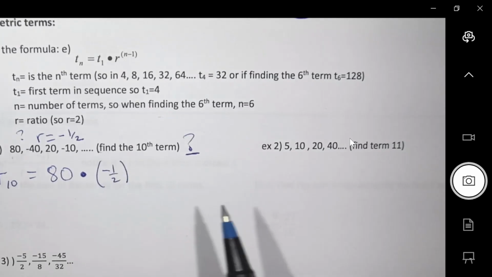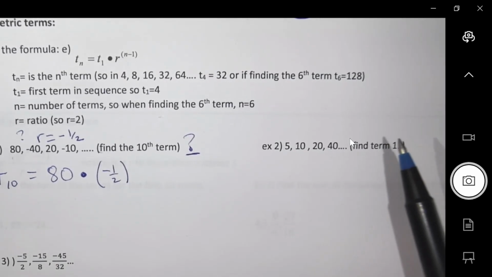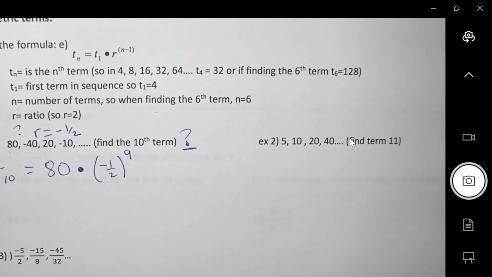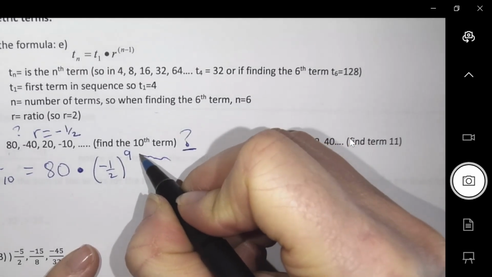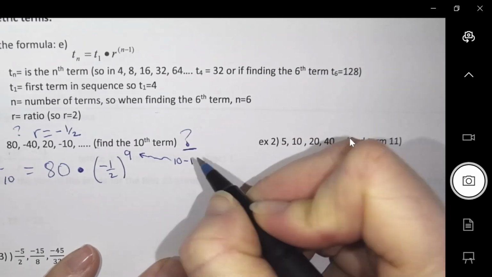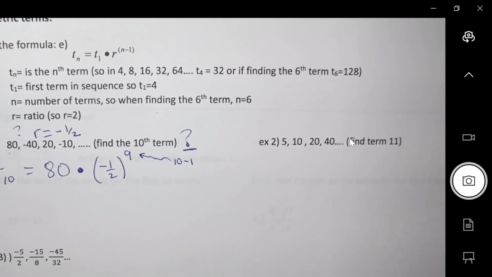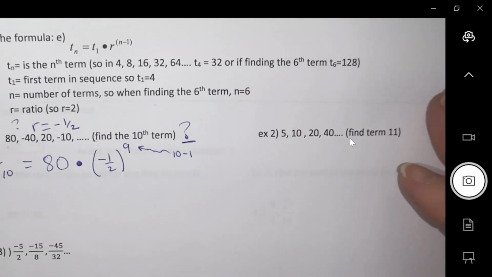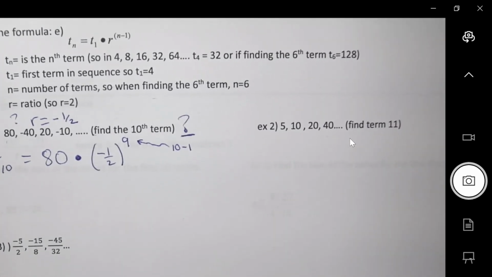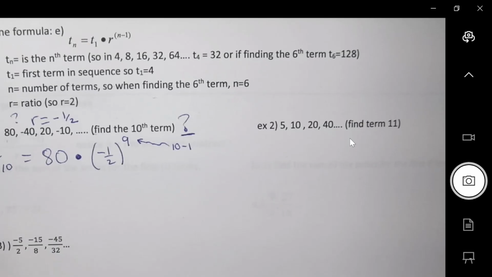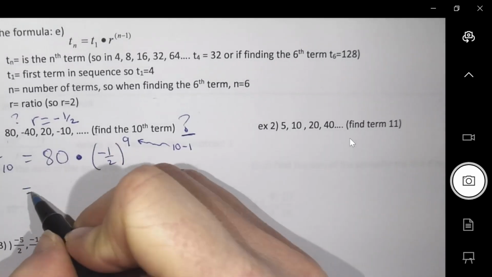So what term are we going up to? 10, subtract 1, so 9. Okay, type that into your calculator. Please make sure that you're doing brackets on it.